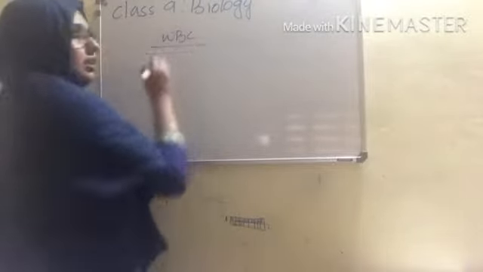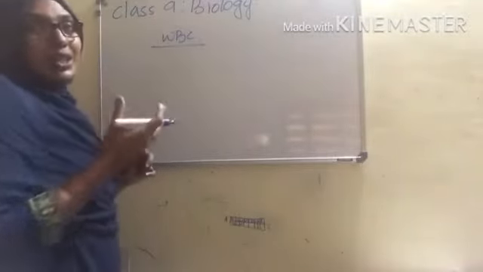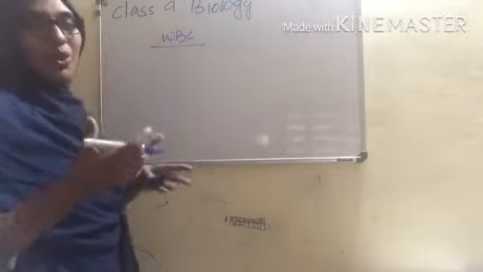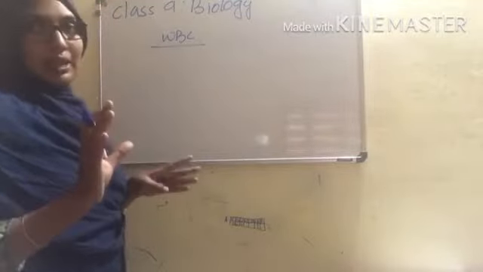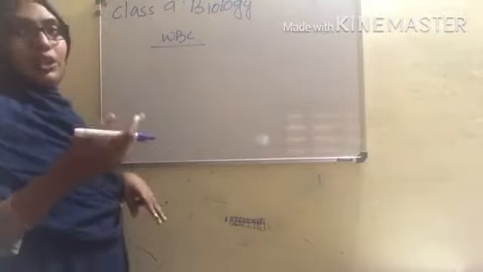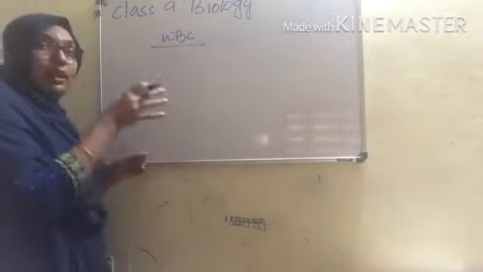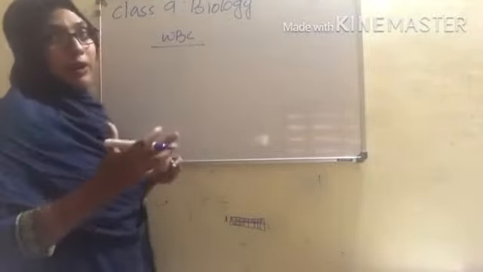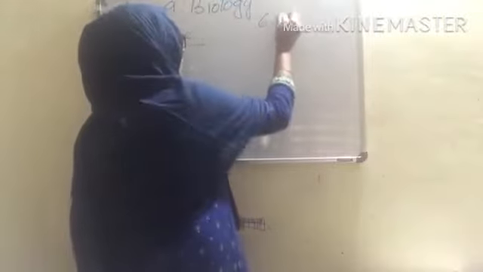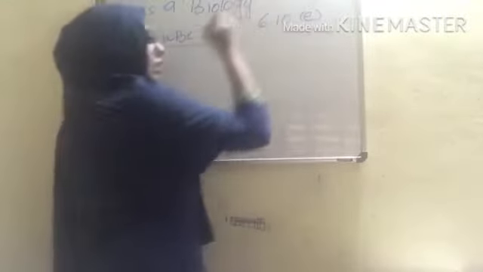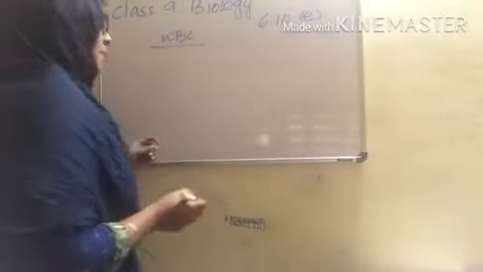Typically, the WBC is divided into many cells. What I am going to say, you don't need to write or study. For your further clarification only, I am telling, since in your textbook figure 6.10 E gives the different types of blood cells.